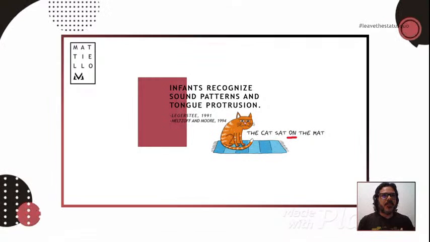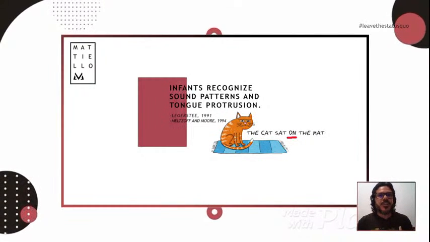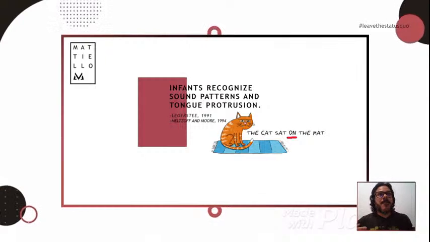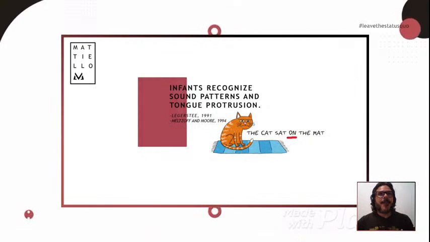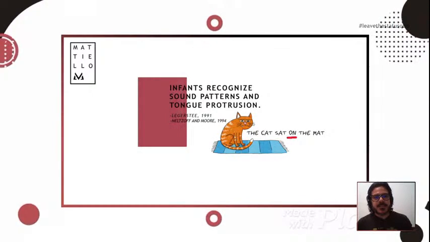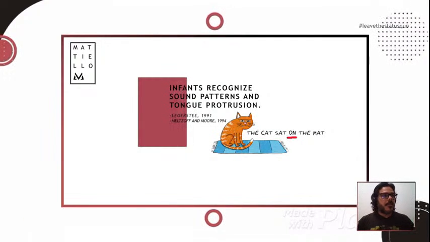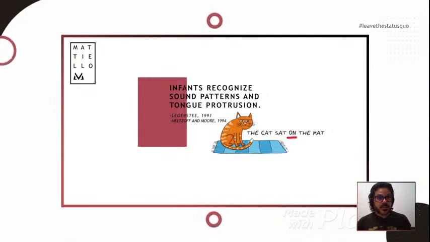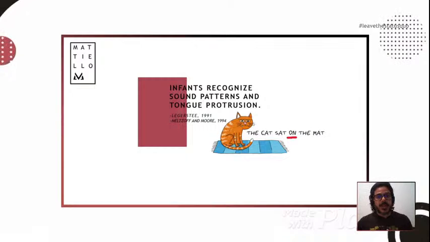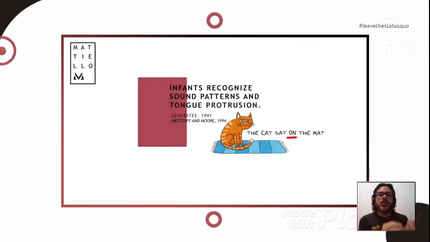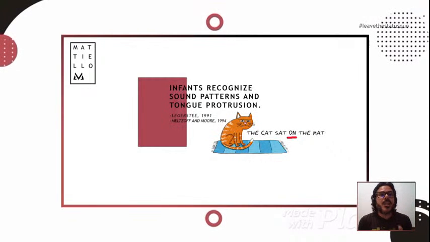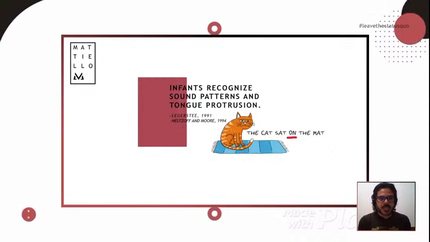When they're exposed to a conversation, they're exposed to the language, they don't know if we're using an adverb or not. They know patterns, sound patterns, and tongue protrusion.